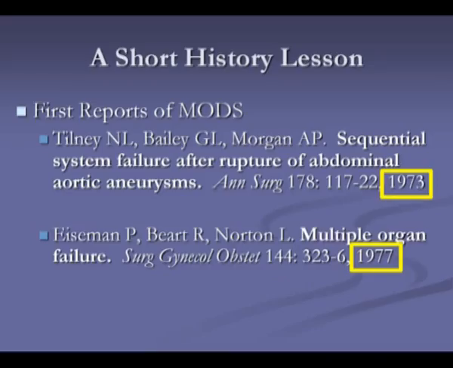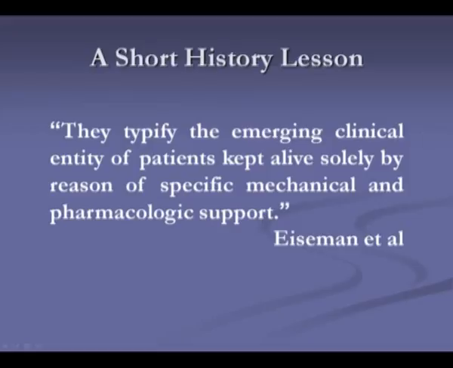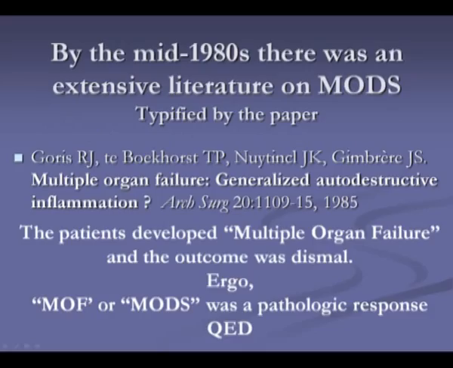The first reports of MODS, of organ dysfunction, were primarily in the surgical literature after rupture of AAAs or in the face of severe trauma, reported quite some time ago, 73, 77. They typify the emerging clinical picture of patients kept alive solely by reason of specific mechanical and pharmacological support, in Ben Eisman's statement in that paper. And by the mid-1980s, the time when I was first getting my start in the critical care world, there was an extensive literature on MODS.